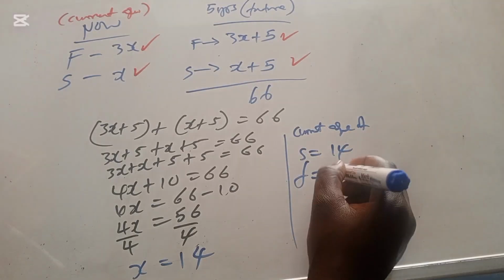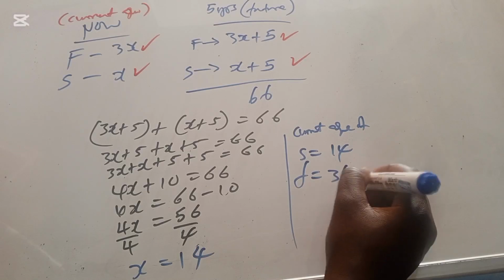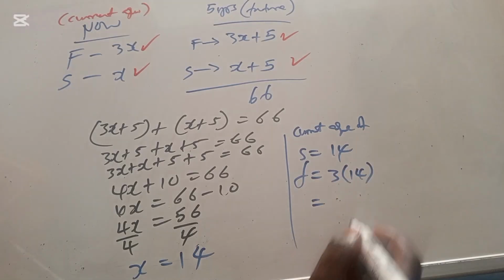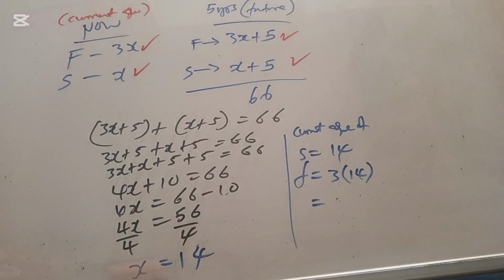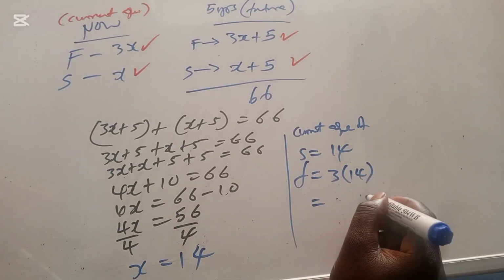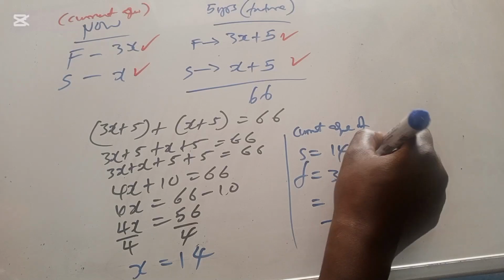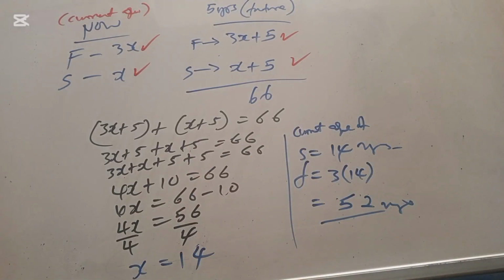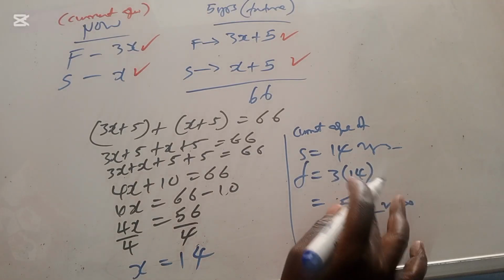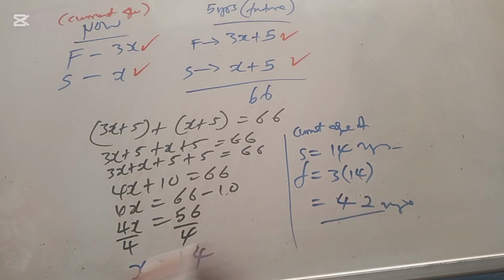Father is equal to 3x, which is 3 times 14, which is 42 years. It cannot be 52. If 56 divided by 4 is 14, 14 times 3 cannot be 52.